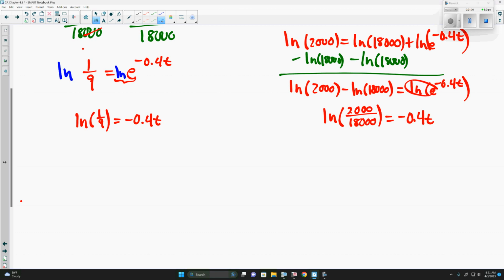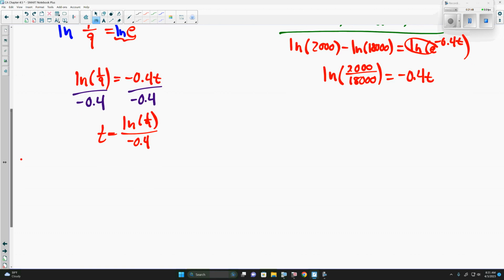And lastly, what we need to do is get t finally by itself. So if we want the exact answer for this here, the exact answer is the natural log of 1/9 divided by negative 0.4. That is the exact answer for this here.